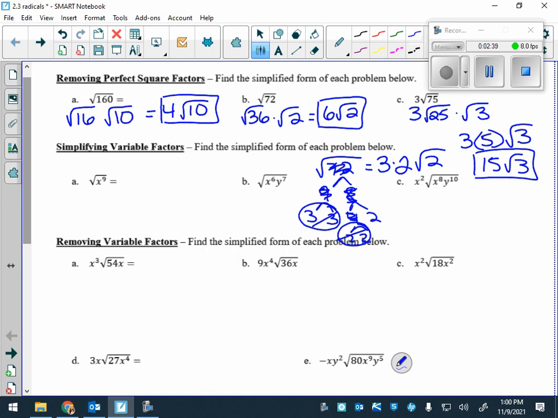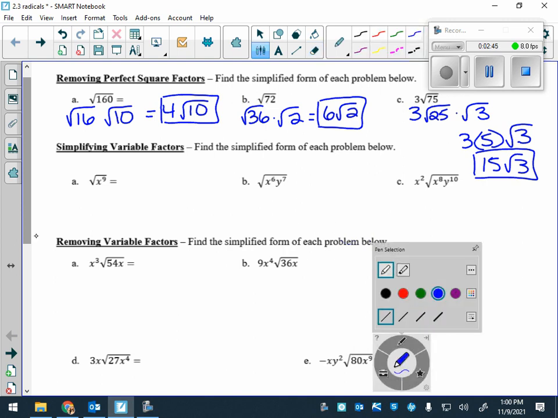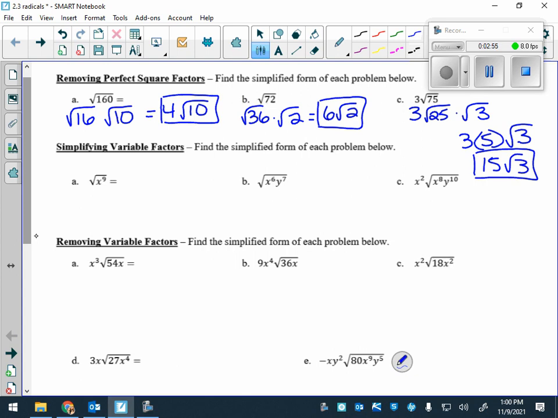Okay? So then we move on to variables. We have the square root of x to the 9th. Sorry. How many x's do we have? x to the 9th. Assad? 9 x's. So I'm going to show you two different ways. One, two, three, four.